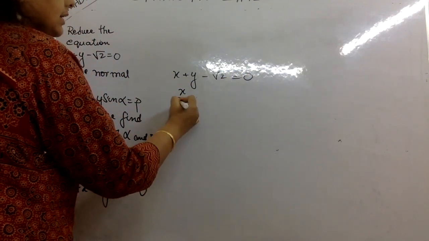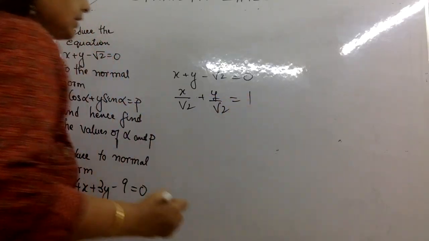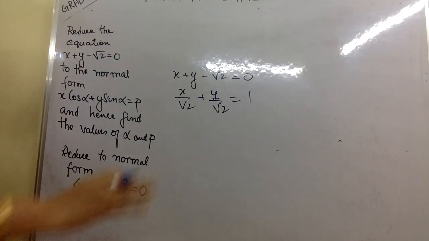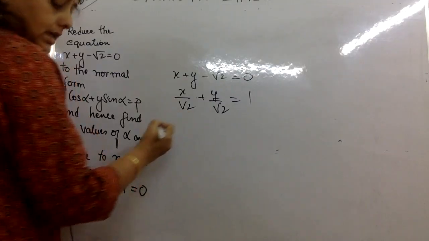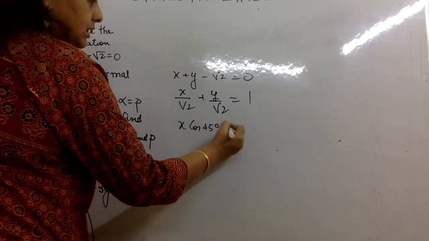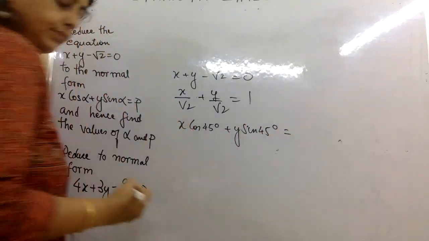x by root 2 plus y by root 2 is equal to 1. Now see, we have got it in the x by a plus y by b form. Now this is not the normal form. We can write x cos 45 degree plus y sin 45 degree is equal to 1.